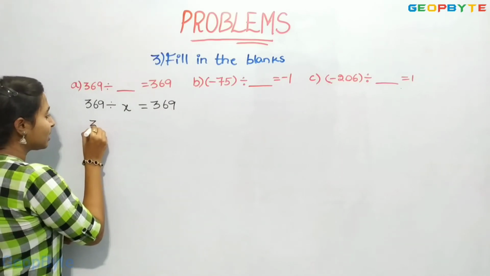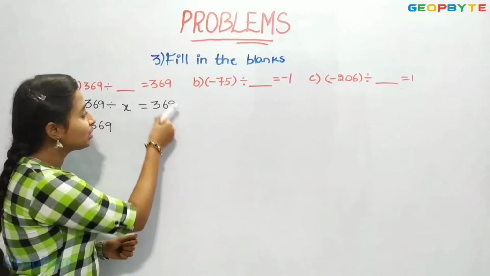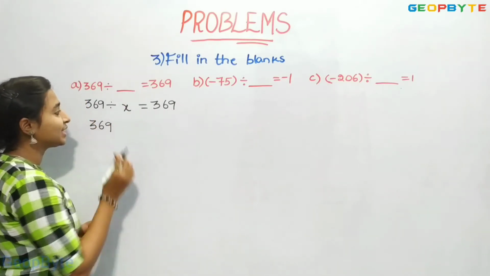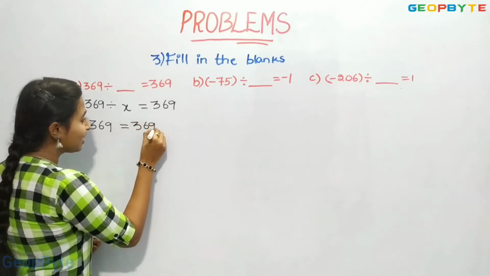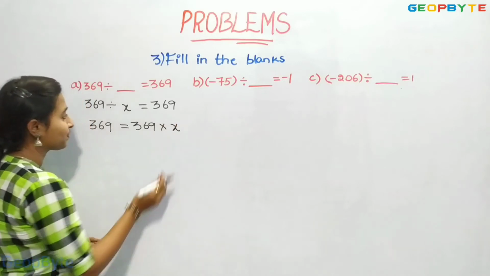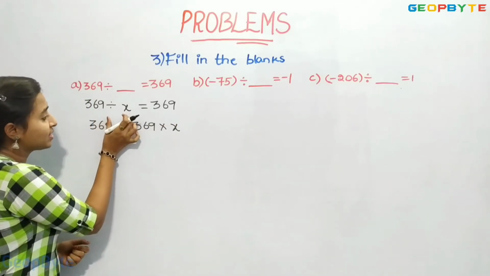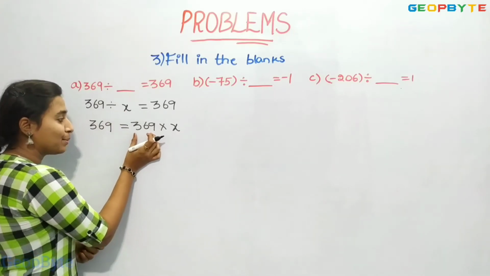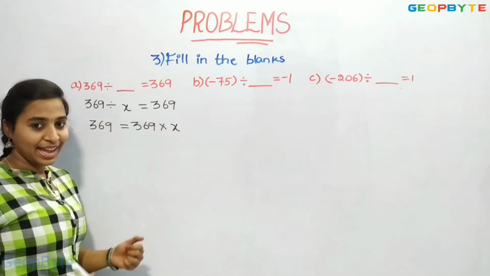Now, this divisor x, when it goes to the right hand side, gets multiplied with the number 369, that is equal to 369 into x. Now, we have to find x.